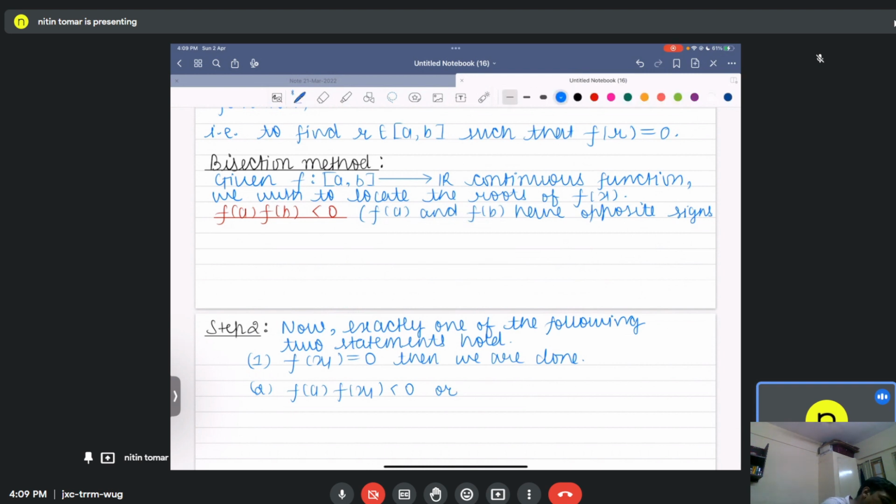When this happens, this is your a and this is your b, they have opposite signs. Let us say this is negative and this is positive. f(a) is negative. We need to draw a graph to explain it better.